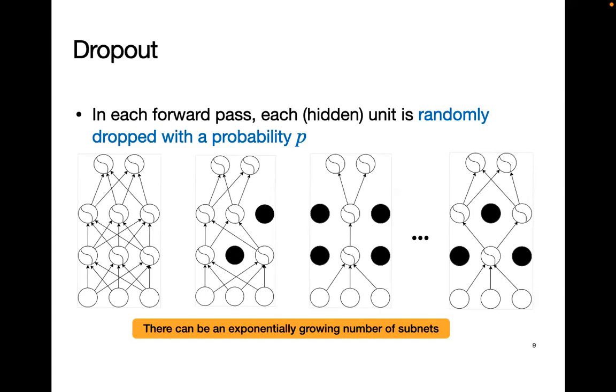So if this number of subnets is exponentially growing, can we train these models independently, individually? You remember what we said about bagging. We said in bagging, each classifier is trained independently, in parallel. So if you have this exponentially growing number of subnets, can we train them independently?